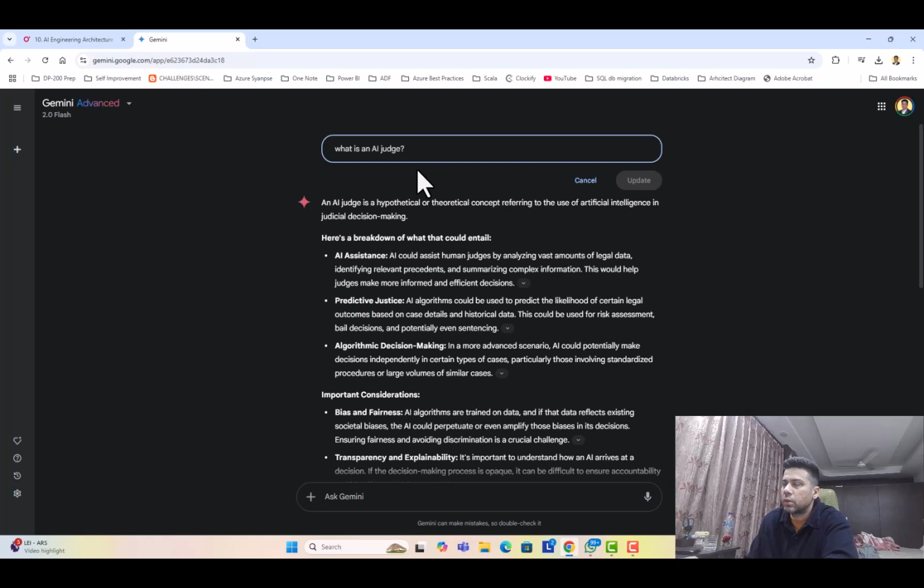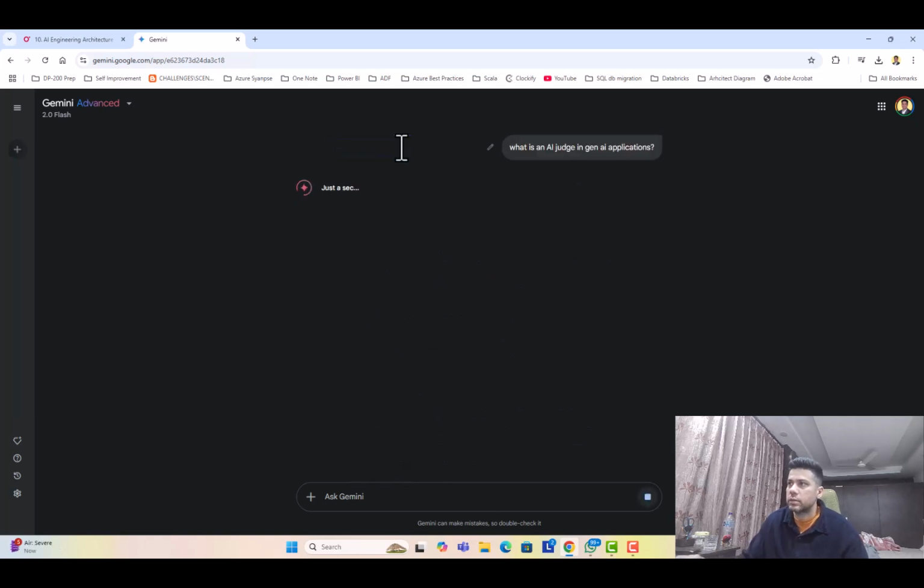So maybe in that context, this tool is thinking that I'm asking about that. So maybe let me just tweak this. What is an AI judge in Gen AI applications?